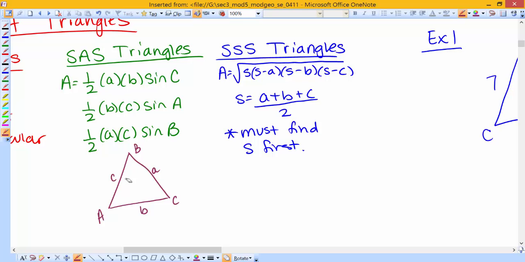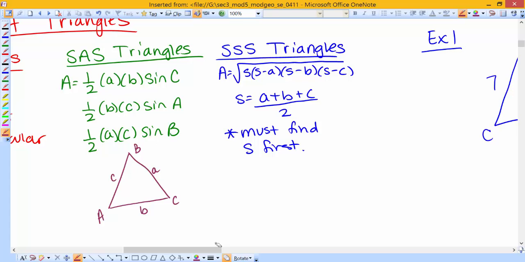Am I given enough information so I have a side angle side triangle? So if I have side CB, angle A is between CB. Side AB has angle C between them. Angle B is between C and A. So it needs to be an angle that is between the 2 sides that you are given.